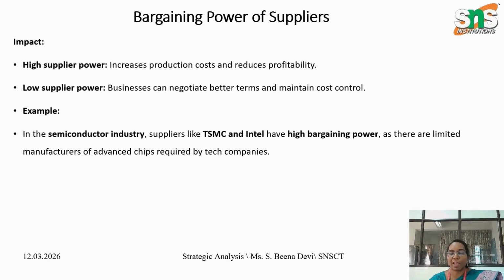Higher supplier power increases production cost and reduces profitability. When supplier power is low, the business can negotiate better terms and maintain cost control. For example, in the semiconductor industry, suppliers like TSMC and Intel have high bargaining power as there are limited manufacturers of the advanced chips required by tech companies.